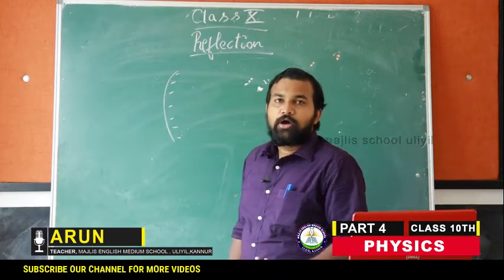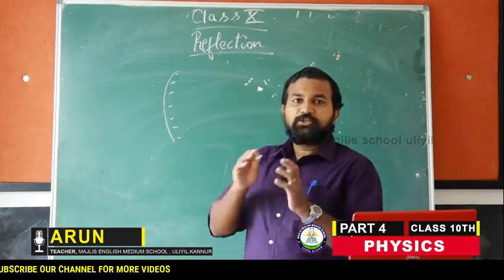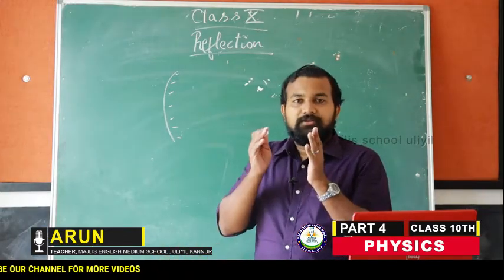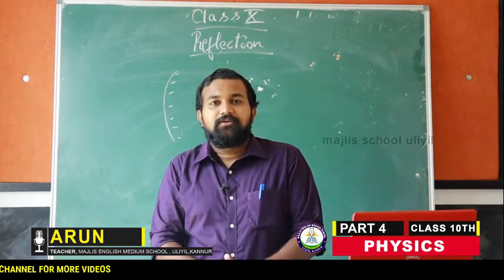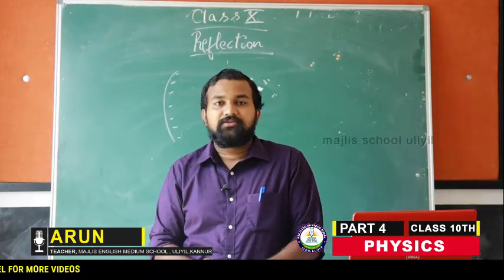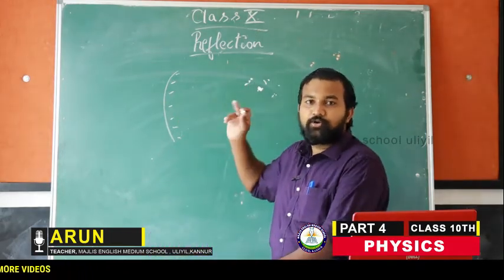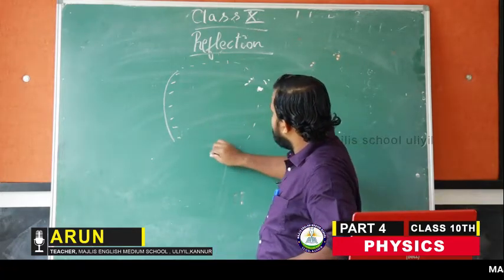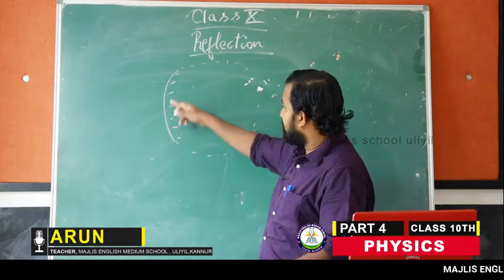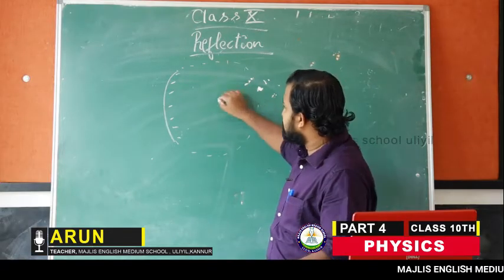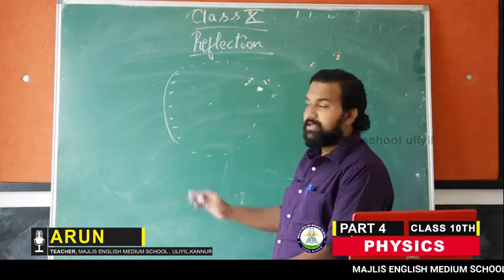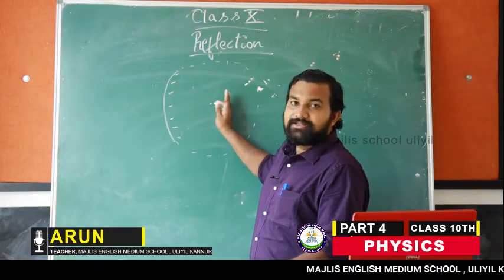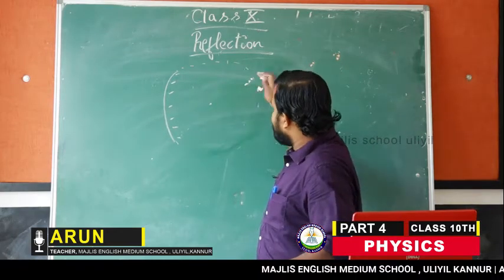I have told you how to find the center of curvature. It is the center of the sphere of which the mirror was a part at the beginning. So the convex mirror would have been a part of a sphere like this. Where will the center of curvature be? It will be on the right side of the convex mirror if we keep it like this.